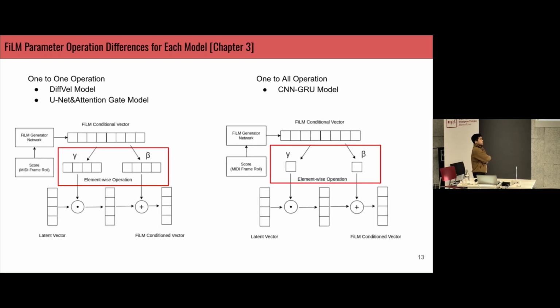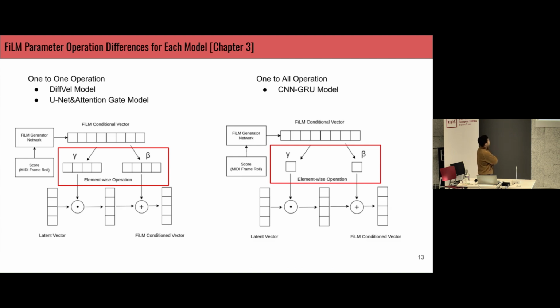Before going into the detailed architecture, I'd like to explain how I inserted FiLM conditioning into the 3 base models. There are different ways of matching how to insert FiLM vectors into the main network, and 2 ways were tested.